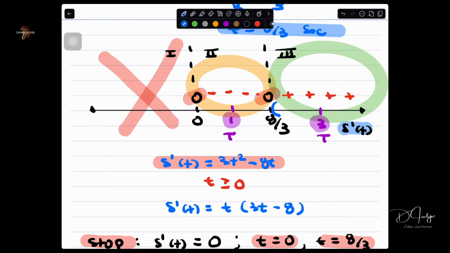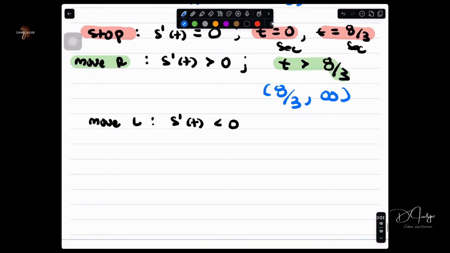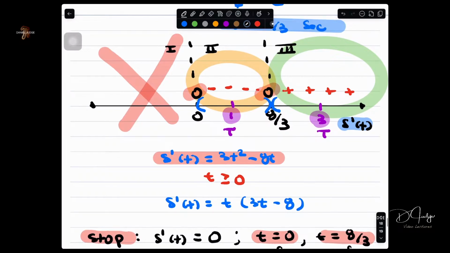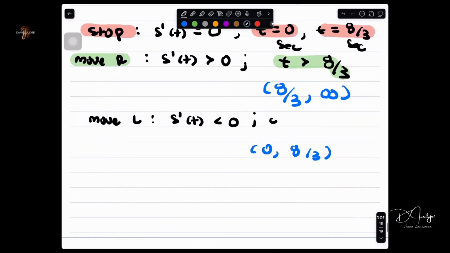And the interval notation is going to be from 0 to 8/3. Now, what does that mean in terms of t? We said t is going to be between 0 and 8/3. So we say 0 less than t less than 8/3 seconds. And this is where your particle will move to the left now.